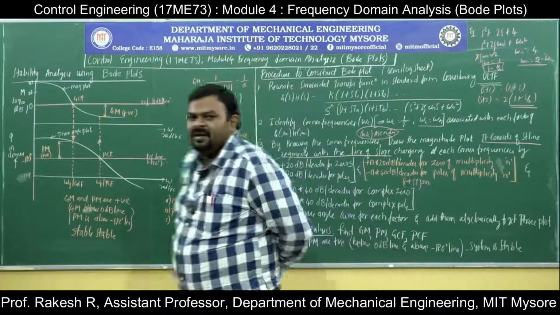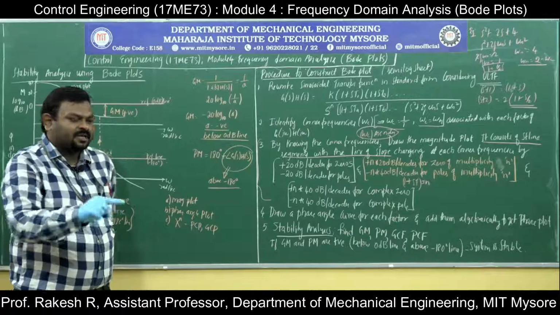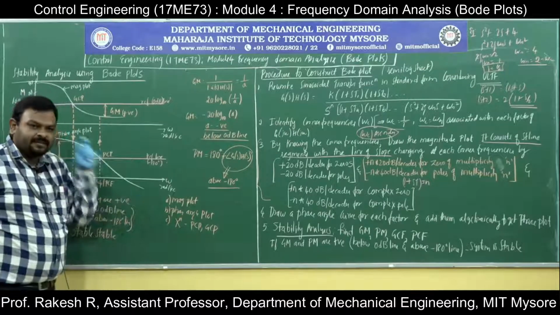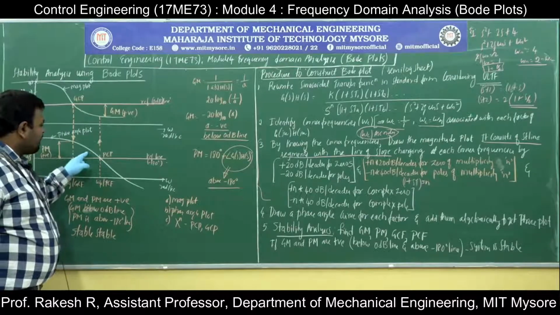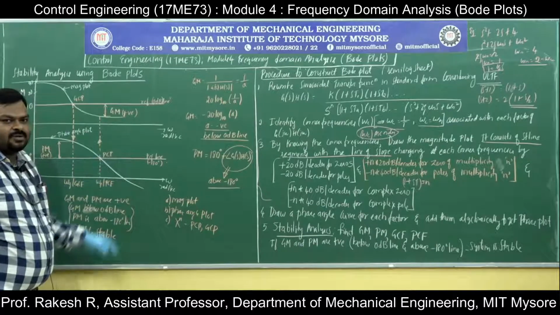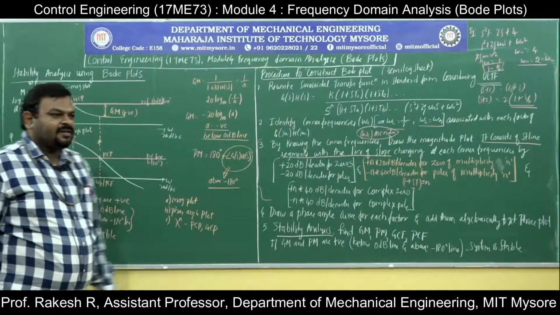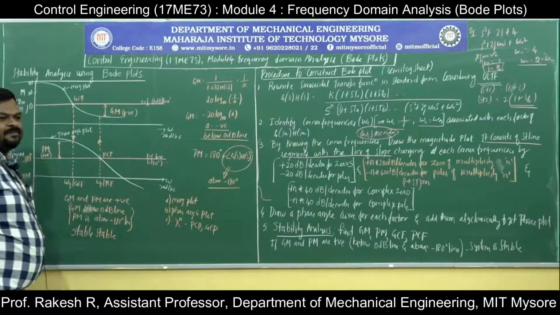Similarly, identify whether the phase angle plot is crossing the minus 180 degree line. The point at which the phase angle plot touches the minus 180 degree line is called the phase crossover point. Locate that. Project the phase crossover point to the magnitude plot.